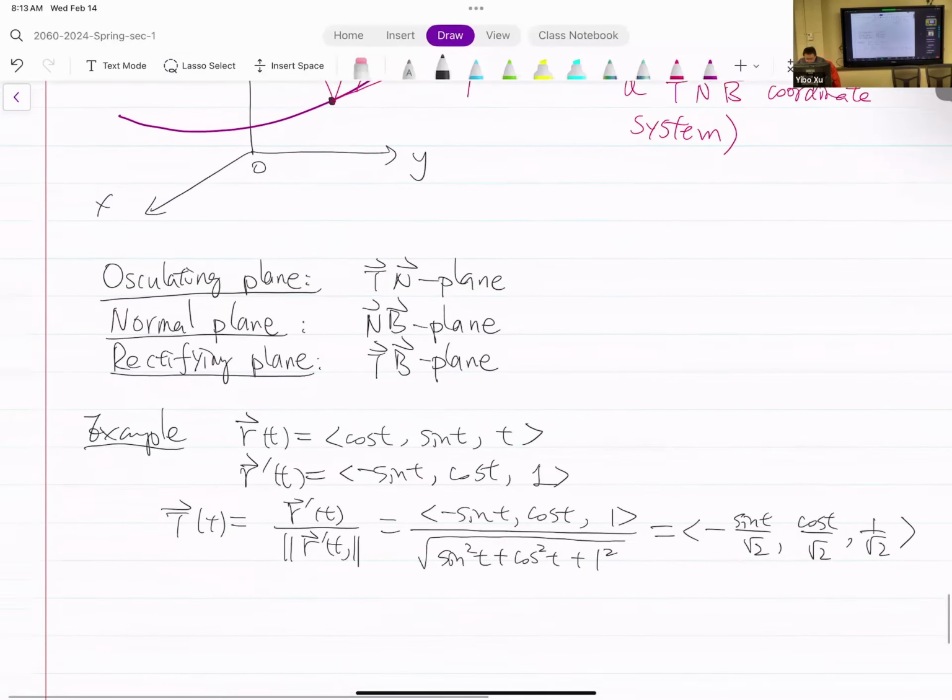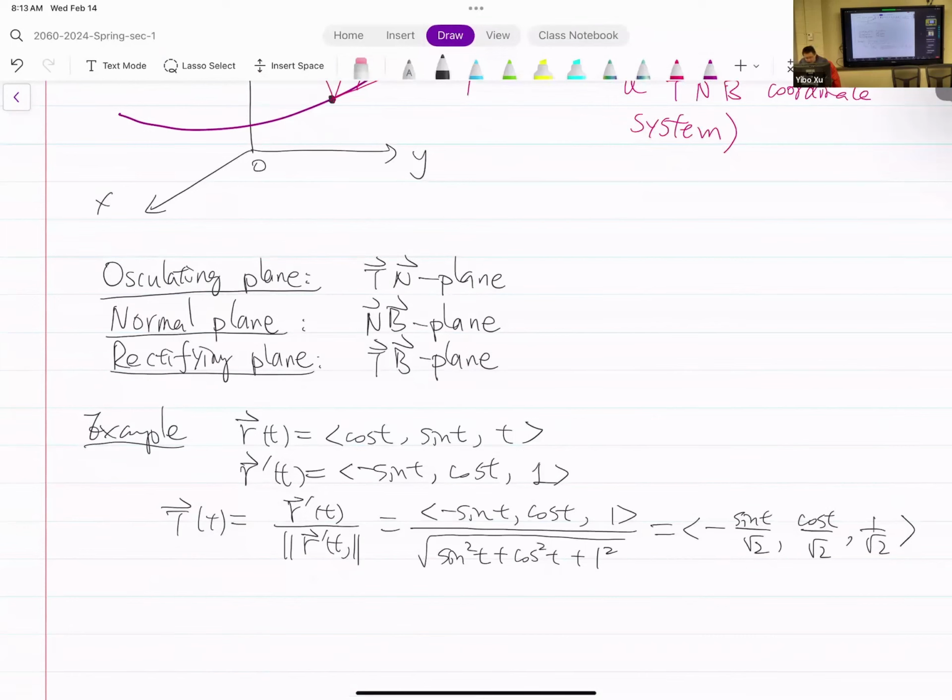That's standard, right? And now, T prime. If we differentiate, we will expect to get a vector that's perpendicular to T. But let's see. Sine gives you cosine, so we have negative cosine t over square root 2. Cosine gives you a negative sine, the derivative, over square root 2.